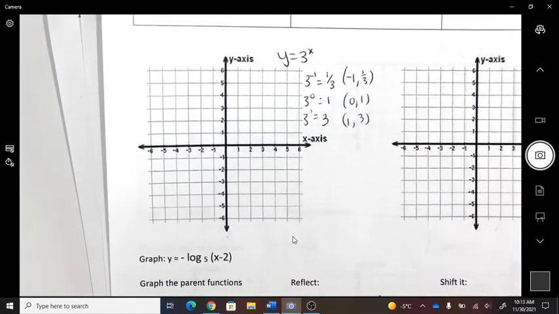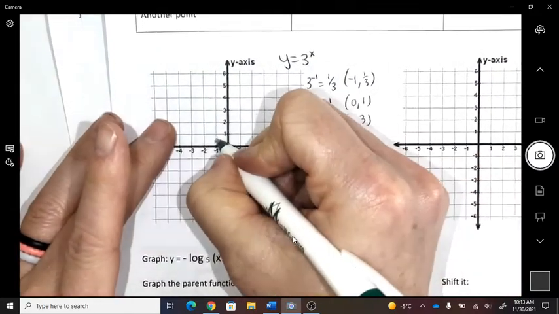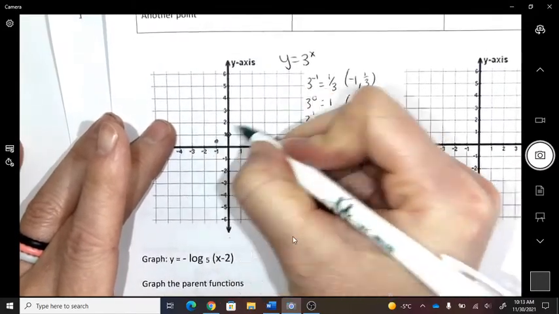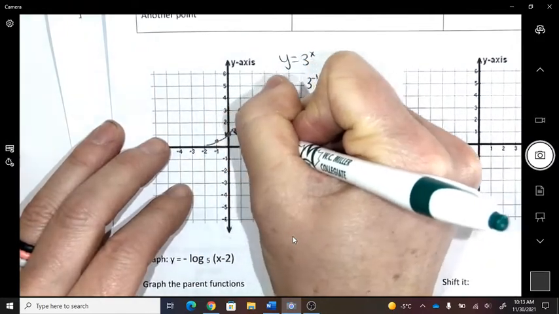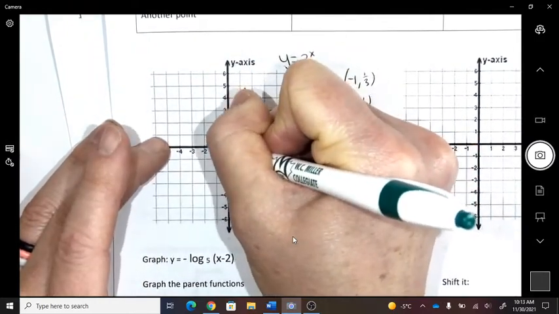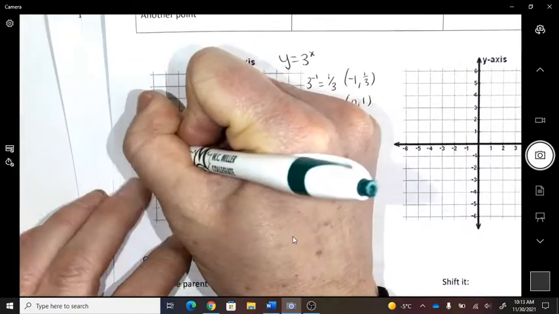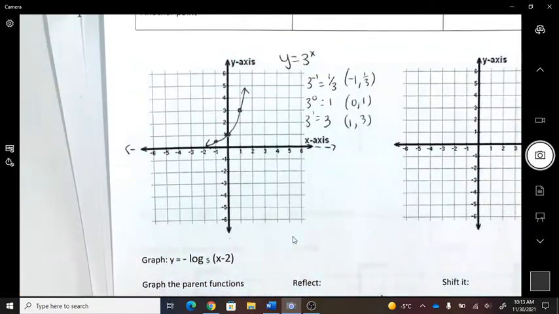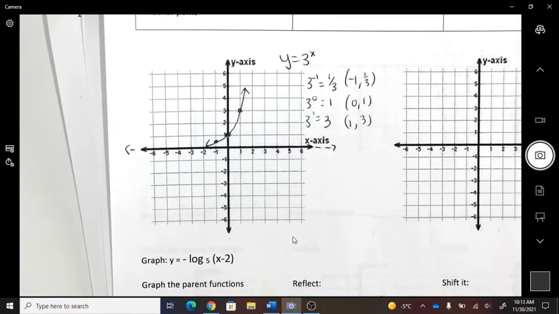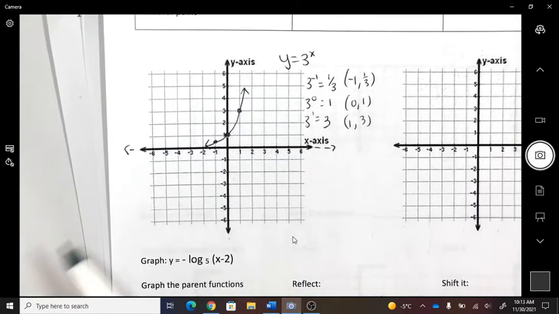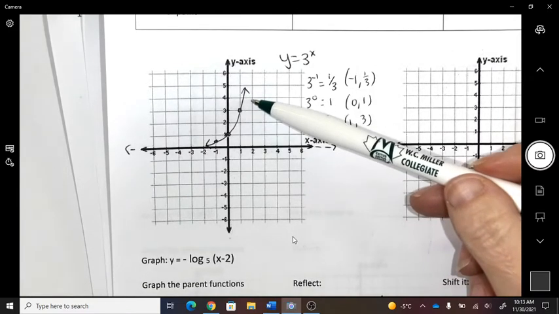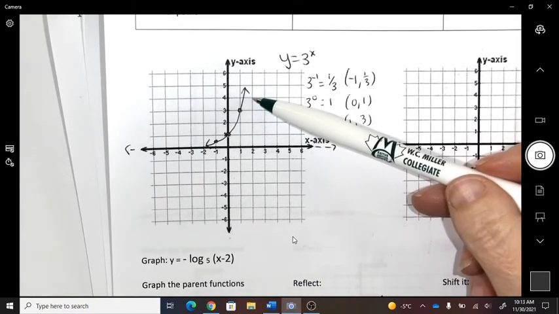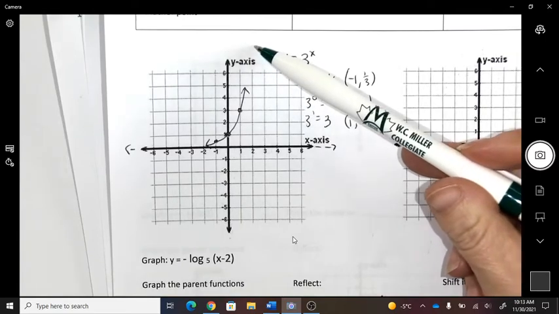So if I graph it, what does my equation look like? What would be my next coordinate moving right? What's my next whole coordinate here? 2, 9, right?